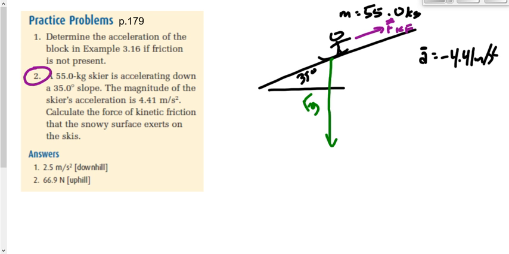What about Fn? Which way does Fn act? Yeah, 90-degree angle to the surface, like this. So make sure you draw it pretty much 90 degrees there. And when we combine those two, F parallel right here is going to be drawn perpendicular to Fn.